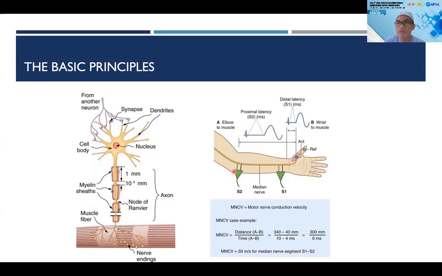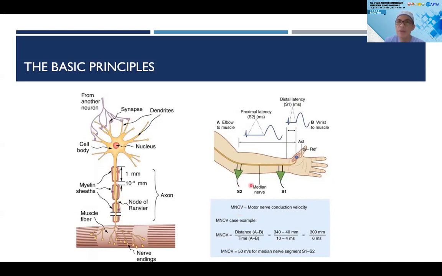So if we have two points of stimulus, we can measure the distance between the two points of stimulus. And then we divide the distance by the difference of the latency between these two points of stimulus, and then we obtain the nerve conduction velocity.